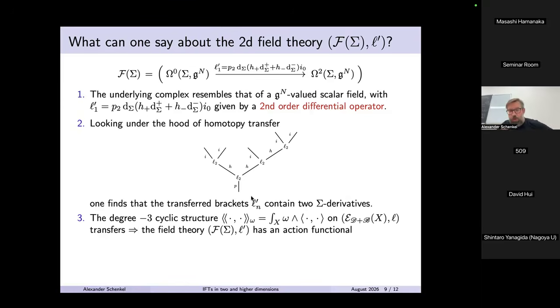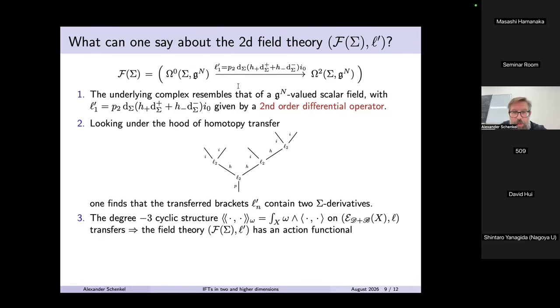You can show that there's a degree -3 cyclic structure here. This I already mentioned before. The singularities and boundary conditions are exactly balancing each other in a way that this thing becomes well-defined and non-degenerate. And this cyclic structure transfers to the two-dimensional field theory.